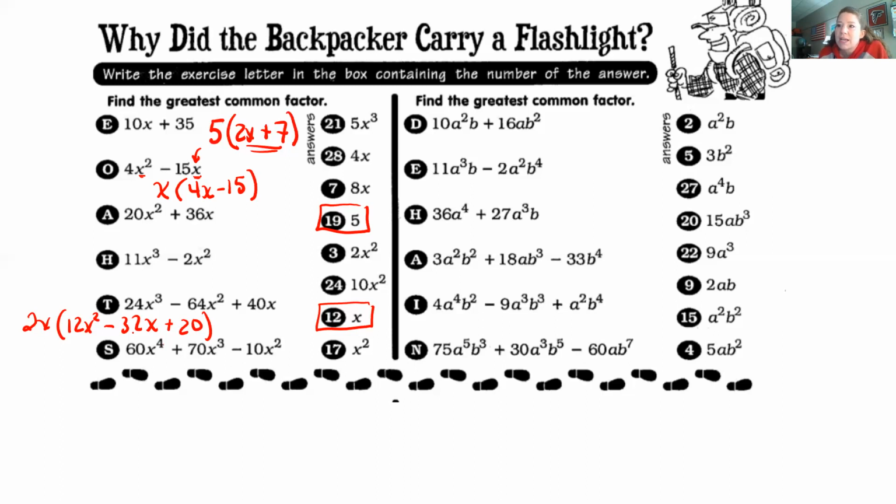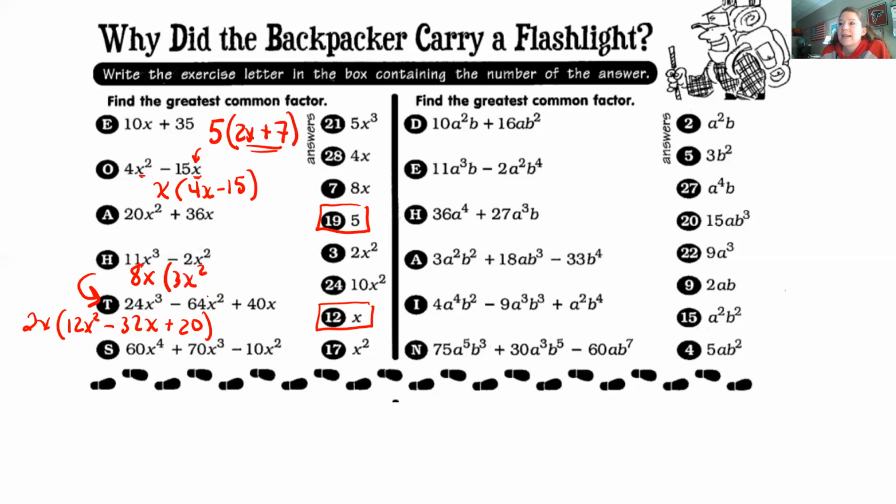So I did not pull out the greatest common factor. Even if I pulled out another 2, they would all still be even again. I could pull out a 4 and I think that would simplify it. So really the greatest common factor of the original numbers would be 8x. So this is letter T. So 24x to the third divided by 8x is 3x squared.